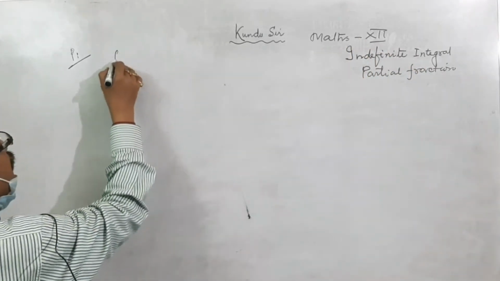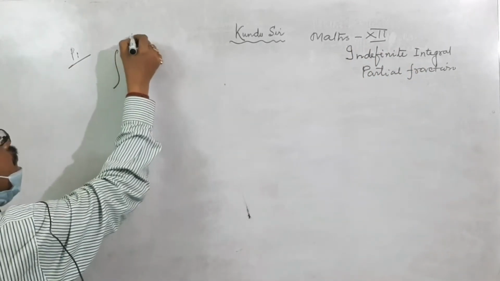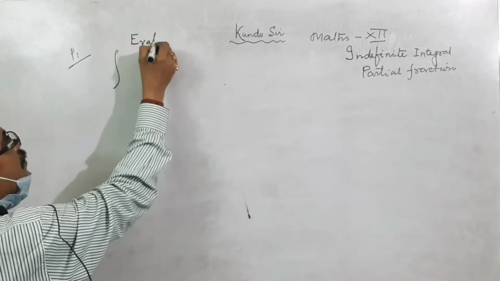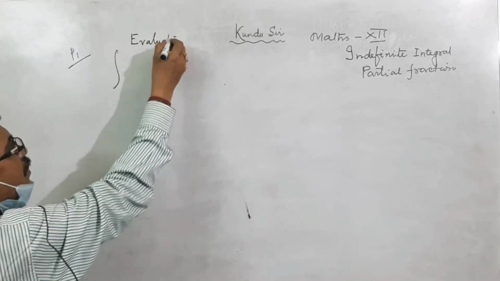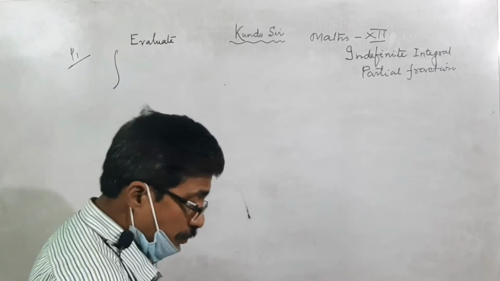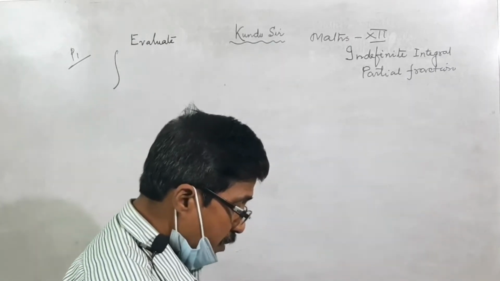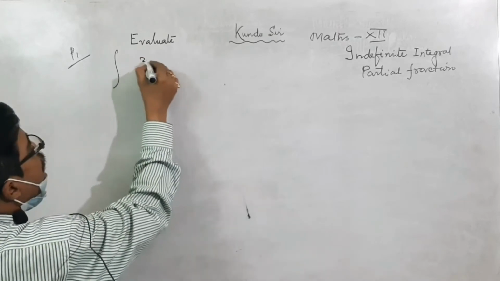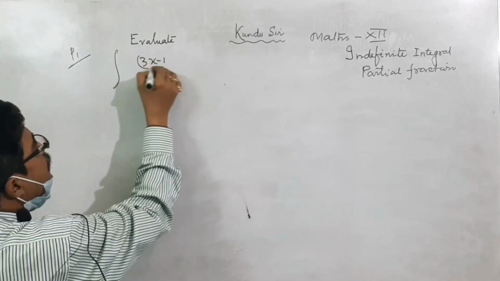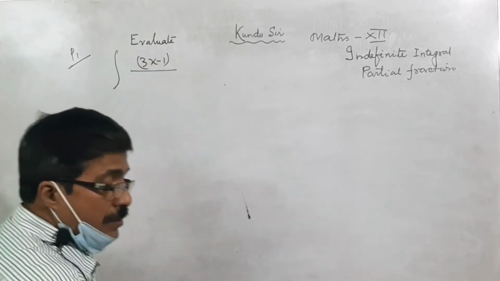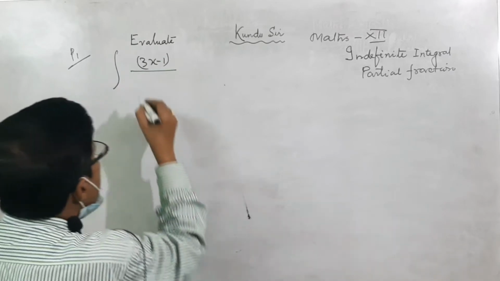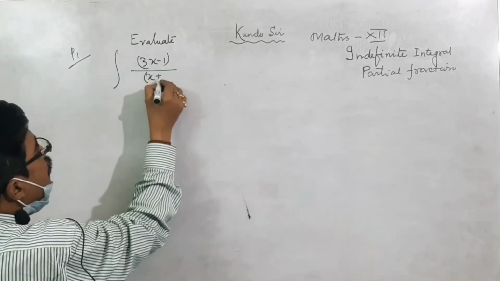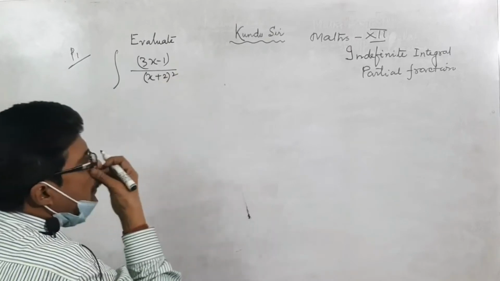Problem 1, evaluate the integral of (3x minus 1) upon (x plus 2) whole square.